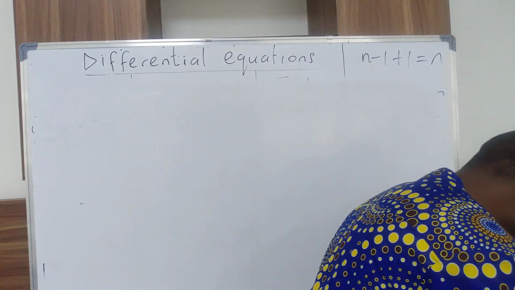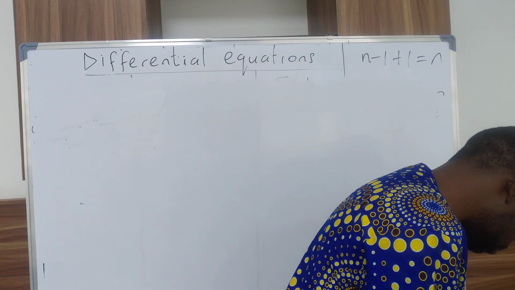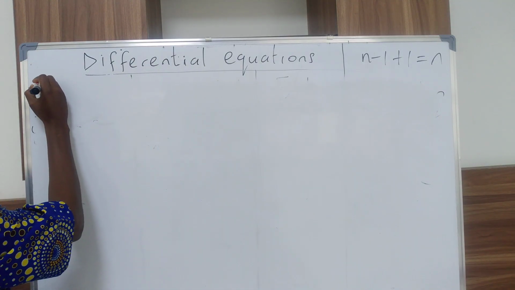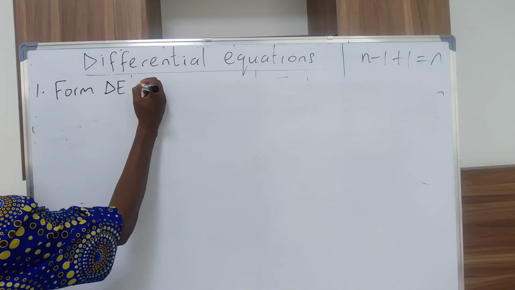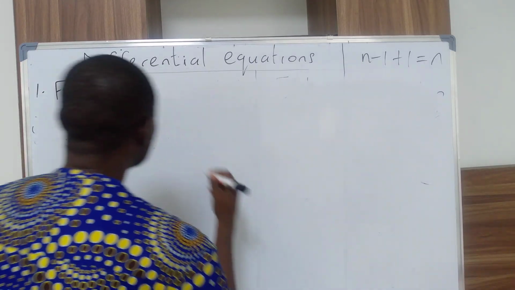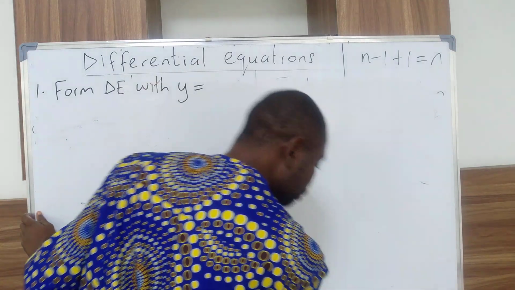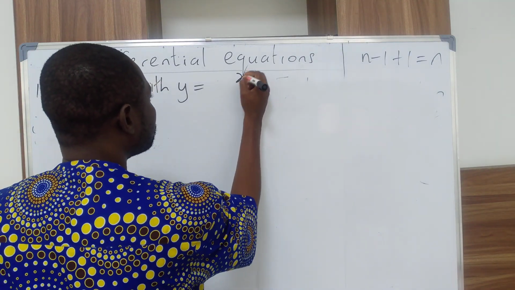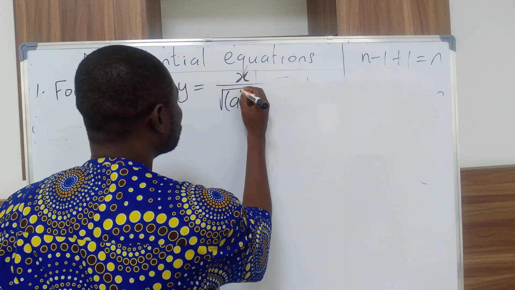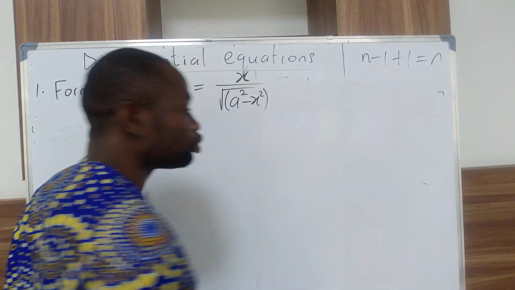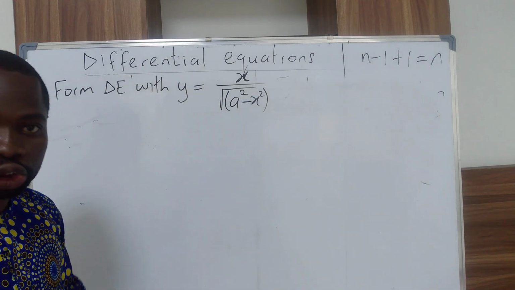Form a differential equation with y is equal to x over square root of a squared minus x squared. We want to form a differential equation with this function.